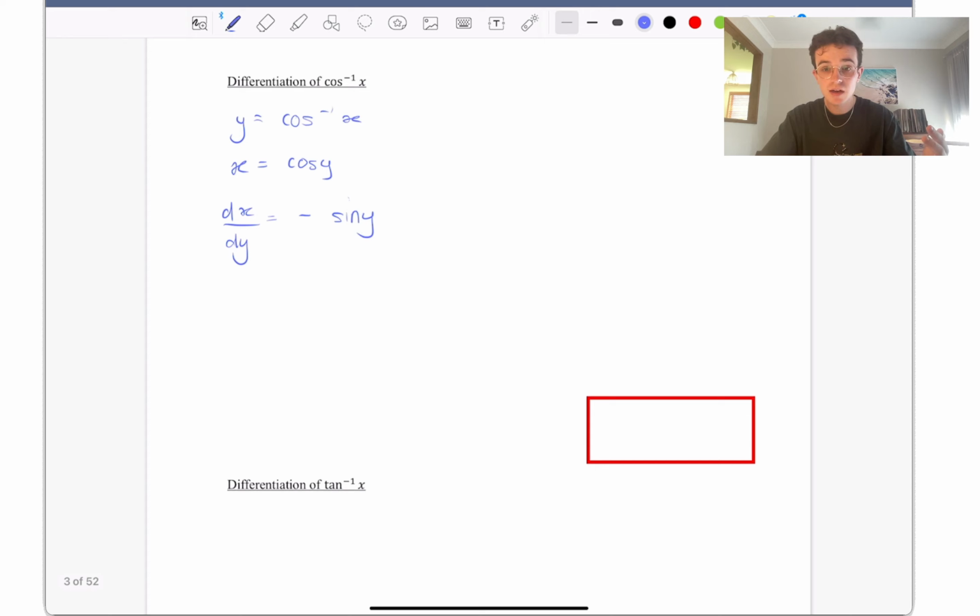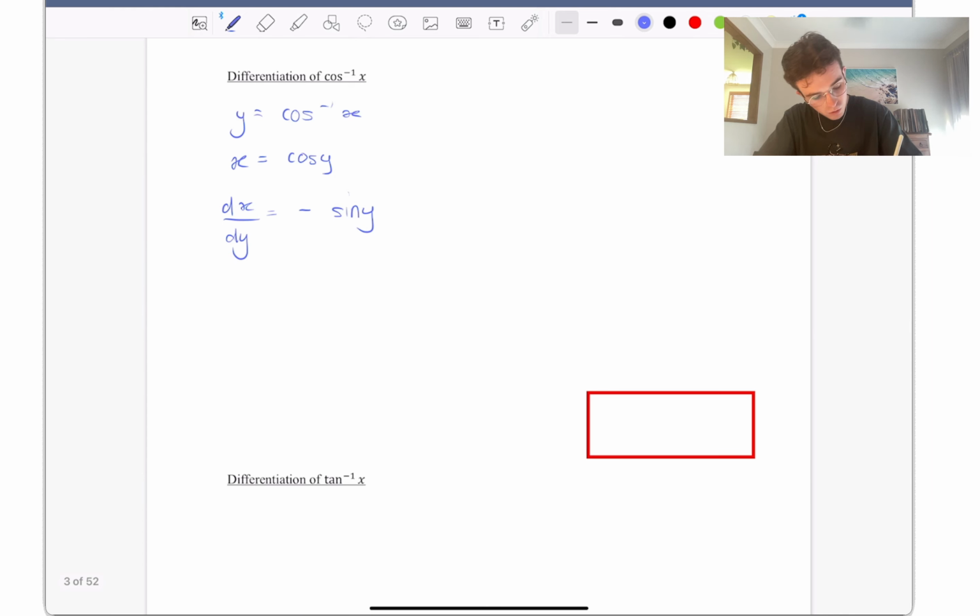Now we know that sine squared x plus cos squared x is equal to 1, so that would tell us that sine of y is equal to the square root of 1 minus cos squared of y. If you did cos squared x plus sine squared x, rearranged it for sine y, we would get that. But we've said x is cos y.